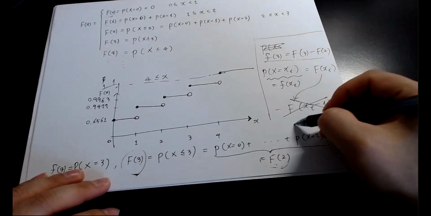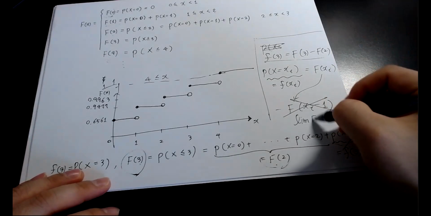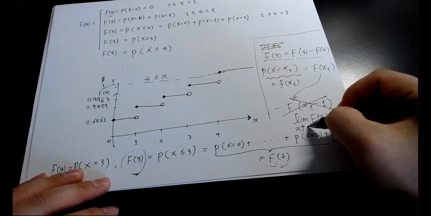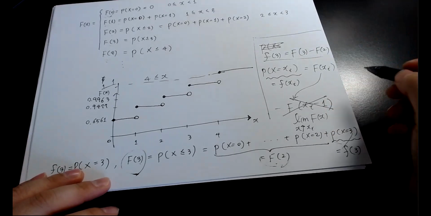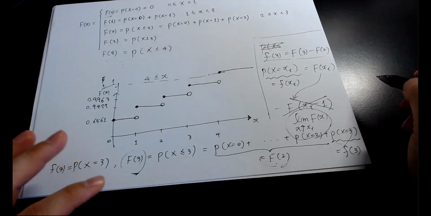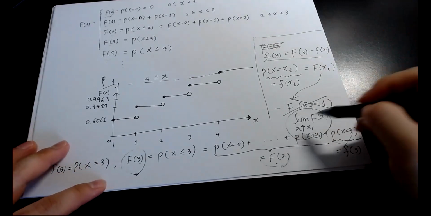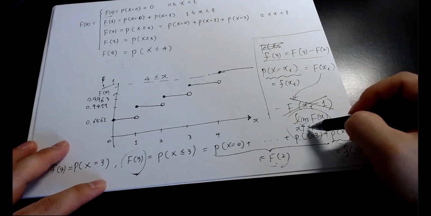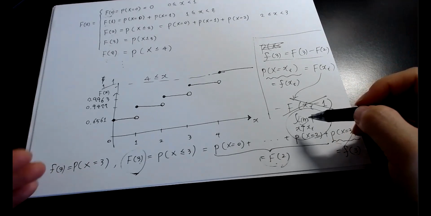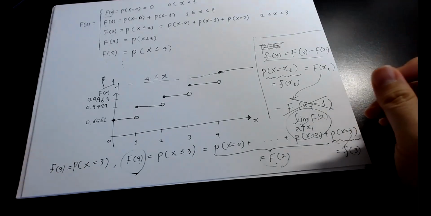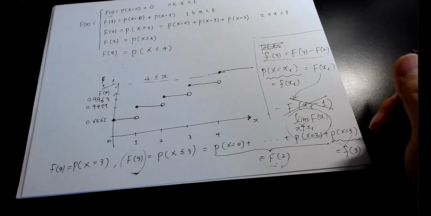Okay, it's going to be the limit of f of x as x approaches xi from below. What does that mean? That means x is never equal to xi, but x just approaches from one discrete value less than xi.